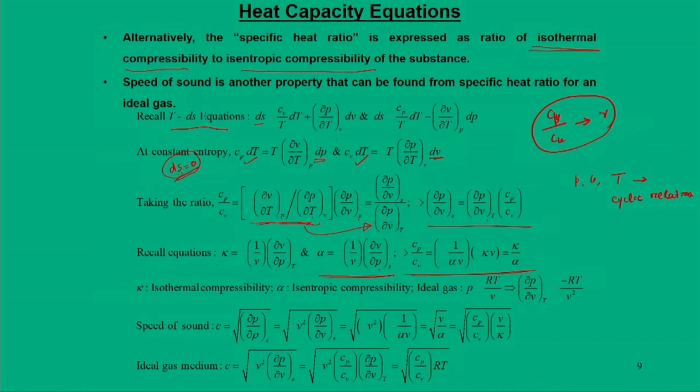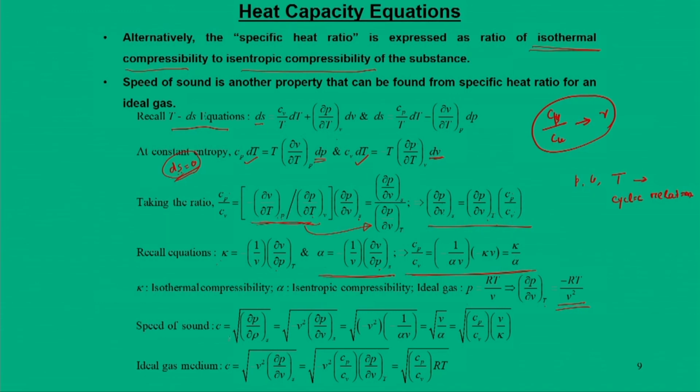Okay. Again we say for an ideal gas Pv is equal to RT. So, we can say dou P by dou V at constant T is equal to minus RT by V square. So, this equation we are going to use. Then the next target was to find another important property, what we call the speed of sound.